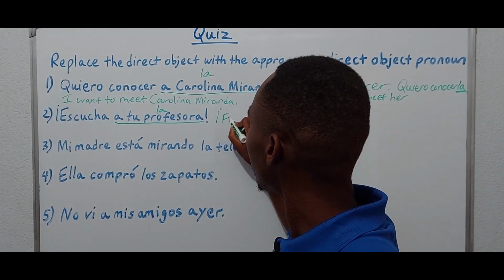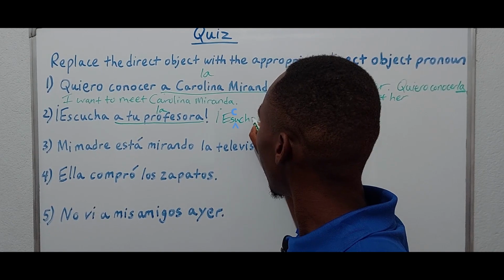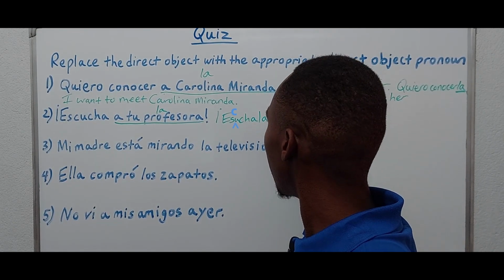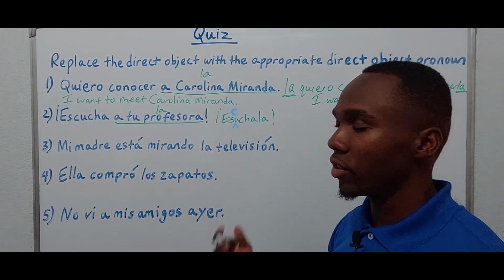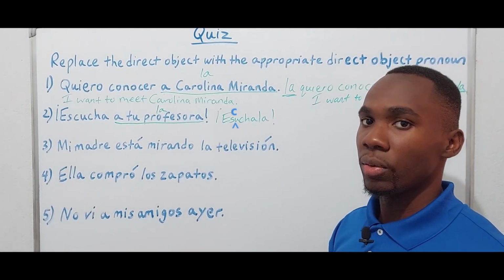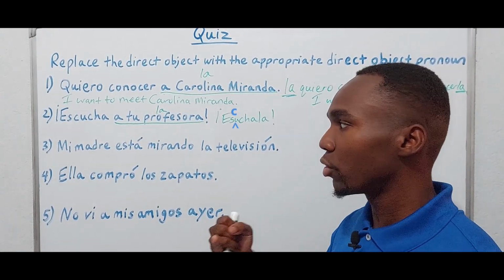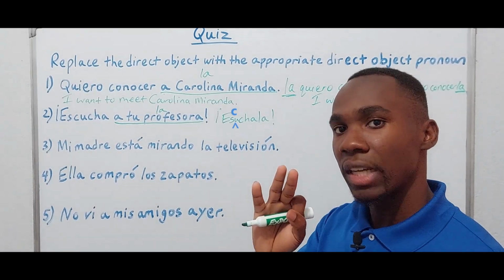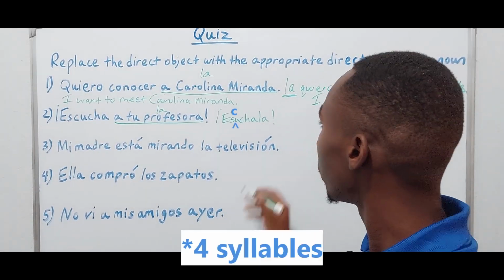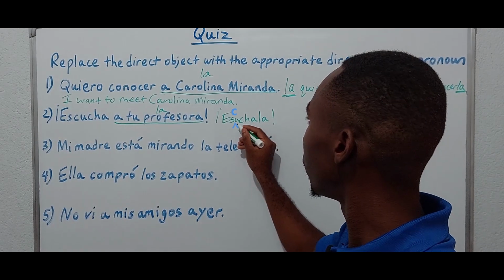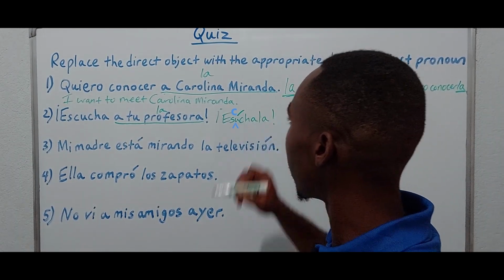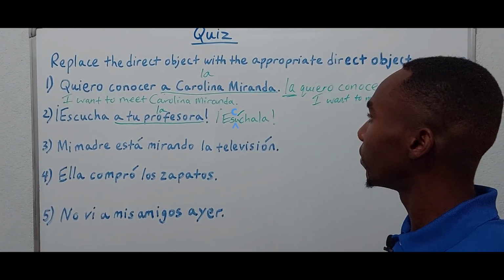So, escucha la. And remember, if it results in 3 or more syllables, then you have to put an accent on the third from last vowel. And escucha la, that's 3 syllables. Therefore, 1, 2, 3. So the U has to carry an accent. Escúchala.